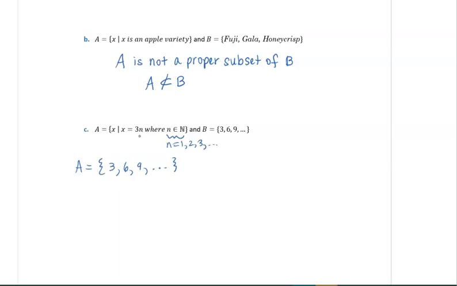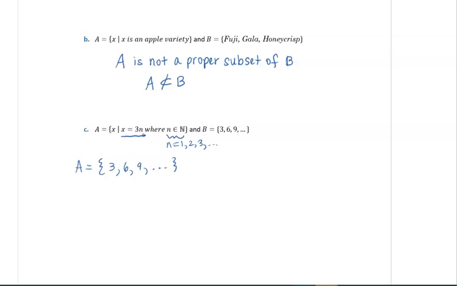So we would fill the natural numbers starting with 1 and continuing on in for n in order to build the set using that formula x equals 3n. So set A is the set 3, 6, 9, and so on. Notice that set B is also the set 3, 6, 9, and so on.